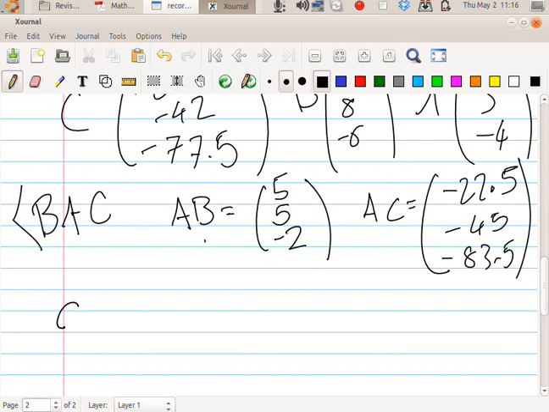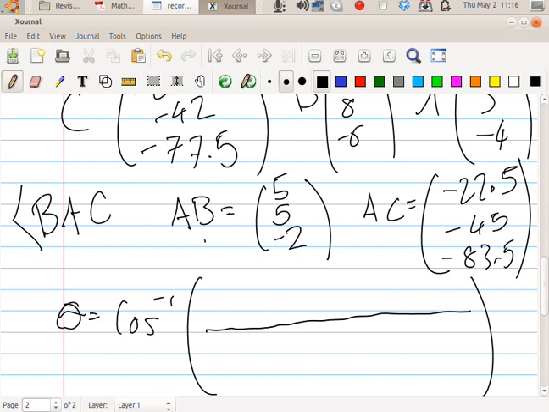So then theta equals cos inverse of the dot product over the magnitudes. So it's, down is the square root of. Jeff, 5 times that is 110?